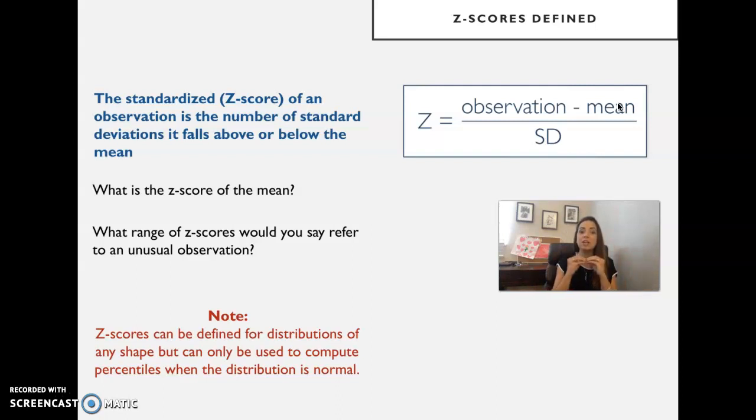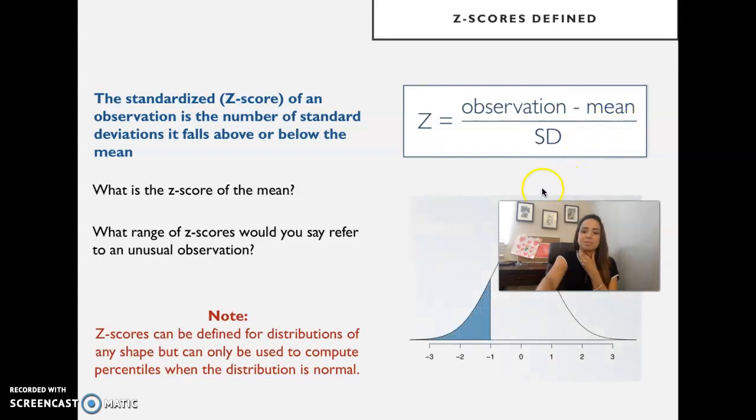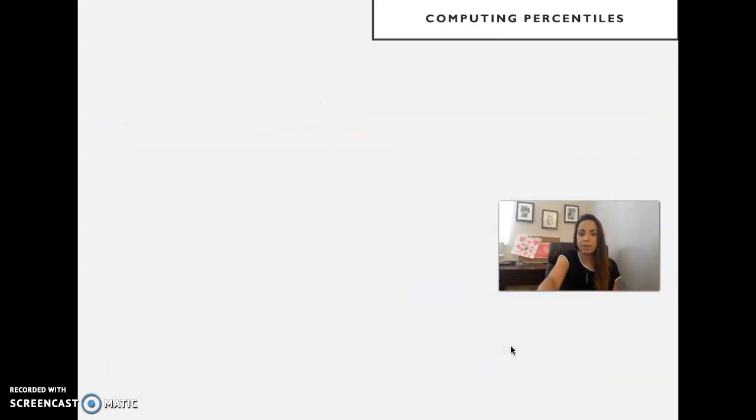So you cannot guarantee that one standard deviation above the mean will fall on the 84th percentile if the distribution is not normal. So I cannot say, for instance, that being one standard deviation below the mean will be the 16th percentile, because I cannot guarantee that 68% of the scores will fall in here, all right?